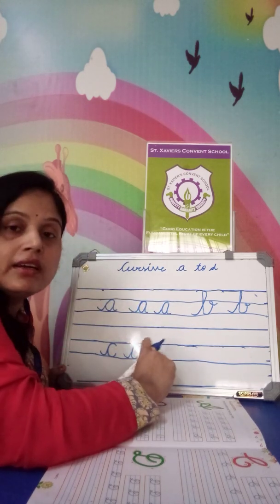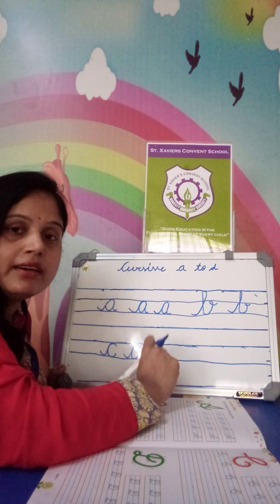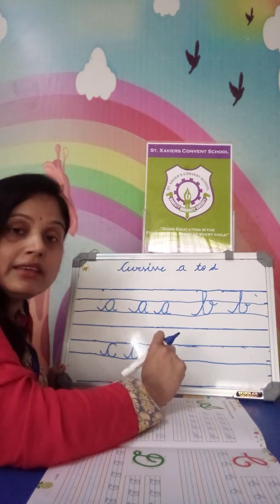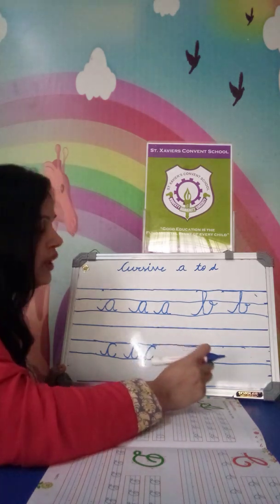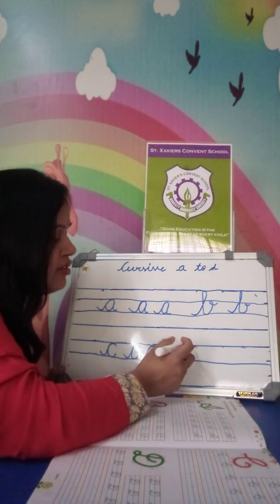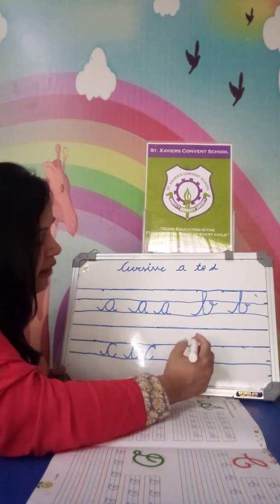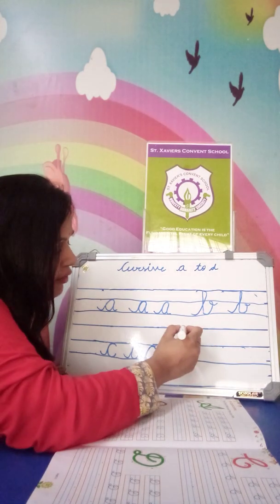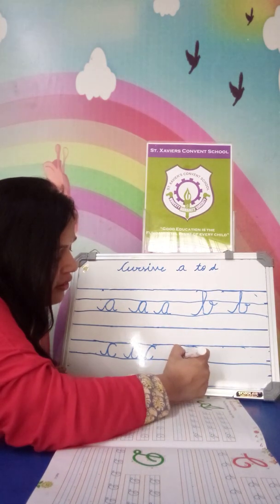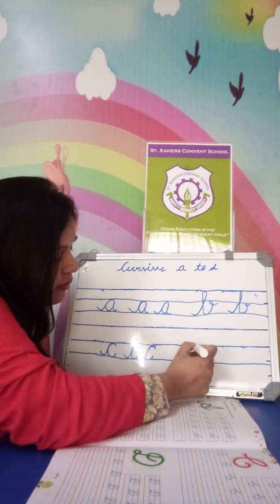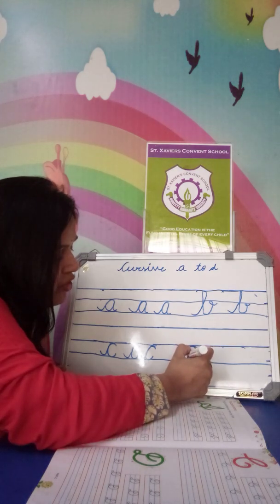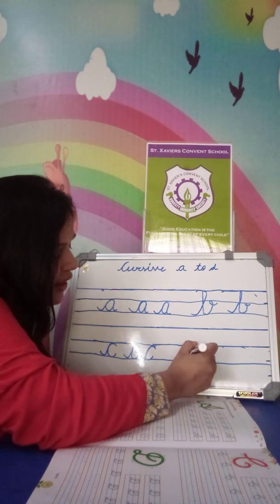After C, D. D is written in three lines. First skyline we have to turn, plain line and green line. Okay. Now start with the green line. Now third line. 1, 2, 3. Turn with a curve and half circle. Then a straight line.